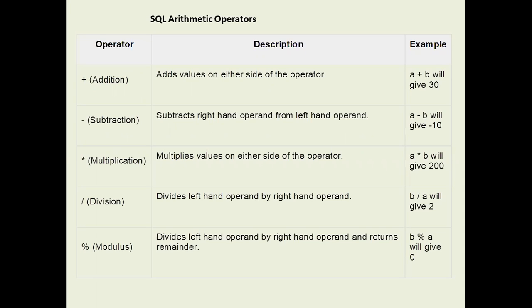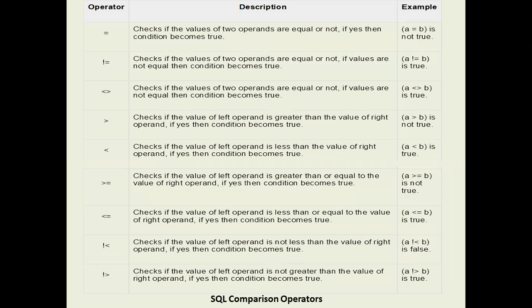Okay. So if you observe here, for addition we directly use plus, and minus, star, division, modulus. Plus is used to add values. So a plus b will give 30 if the a value is 20 and the b value is 10. In the same way, we perform subtraction, multiplication, division, and modulus also. Here we are discussing the comparison operators. A equal to b, a not equal to b. Less than, greater than means not equal.